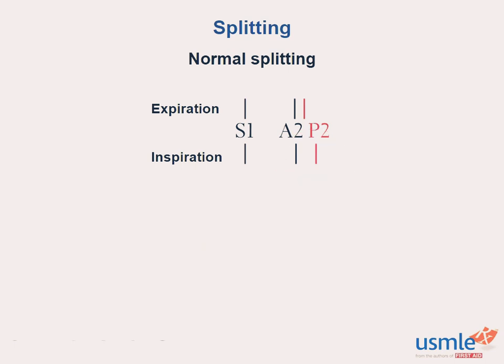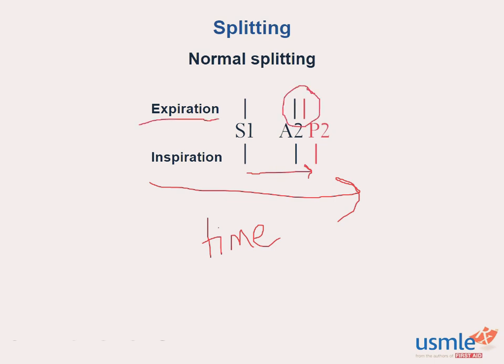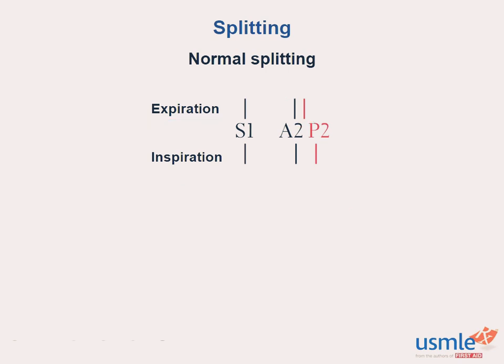So this graph here is represented by time on an x-axis, going this way between S1 and S2. And we can see that during periods of expiration, the A2 and P2 heart sounds are essentially occurring at the same time. And then during inspiration, we see an increase in time between A2 and P2, and that is what is called physiologic splitting. So during inspiration, we see physiologic splitting of the S2 heart sound. That is the main concept.